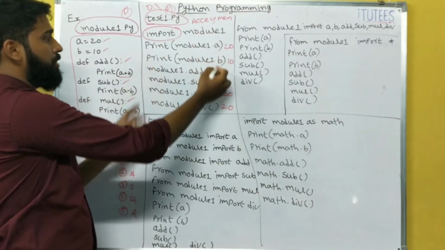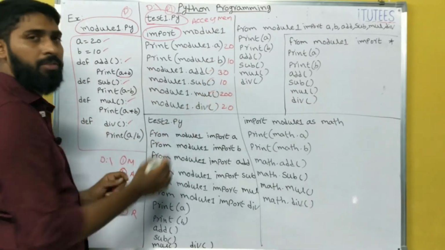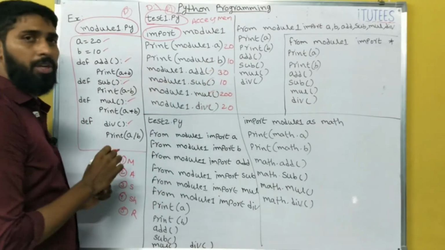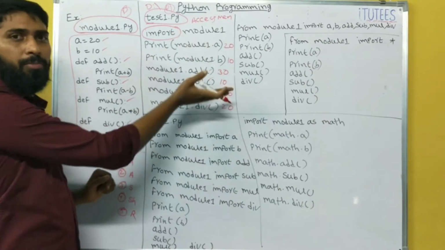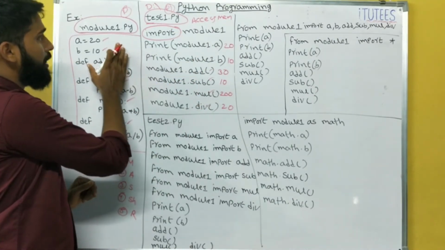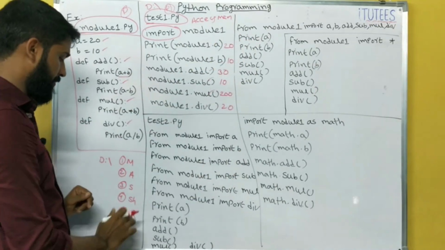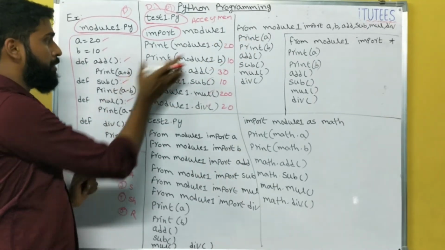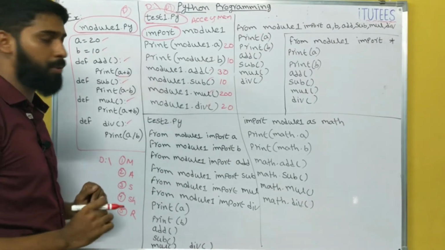Abstraction means here there is no definition of add, subtraction, multiplication, division; we can hide. Security means if you are hiding, you are providing security. Shareability means this file is shared with many programs. Reusability means the same program we are using in all the programs.